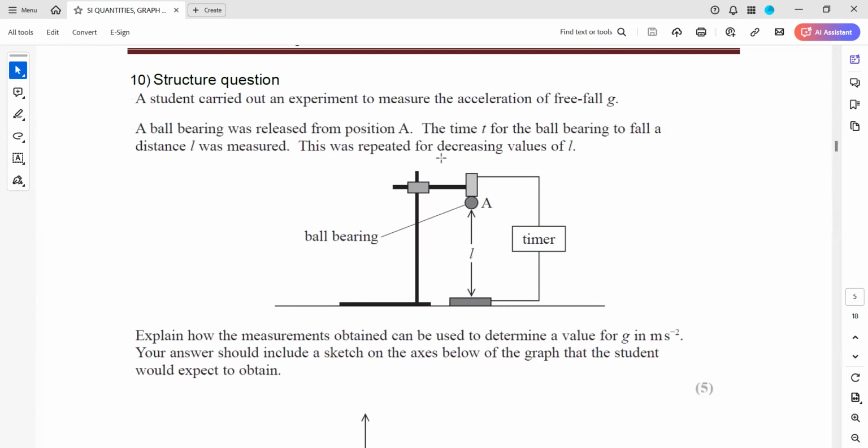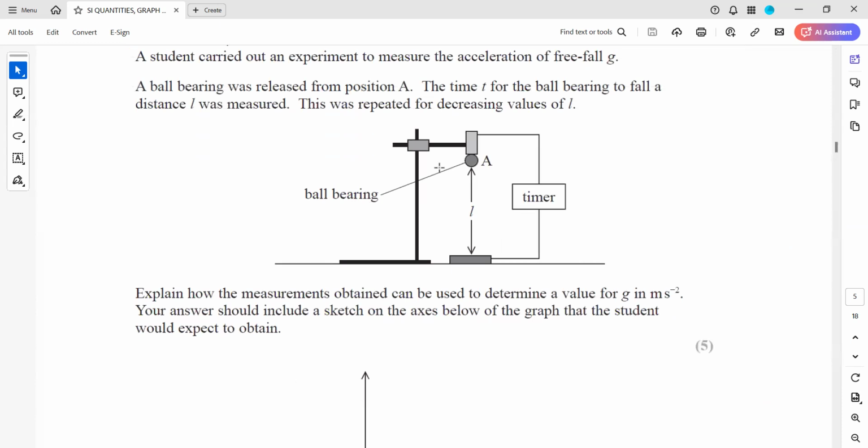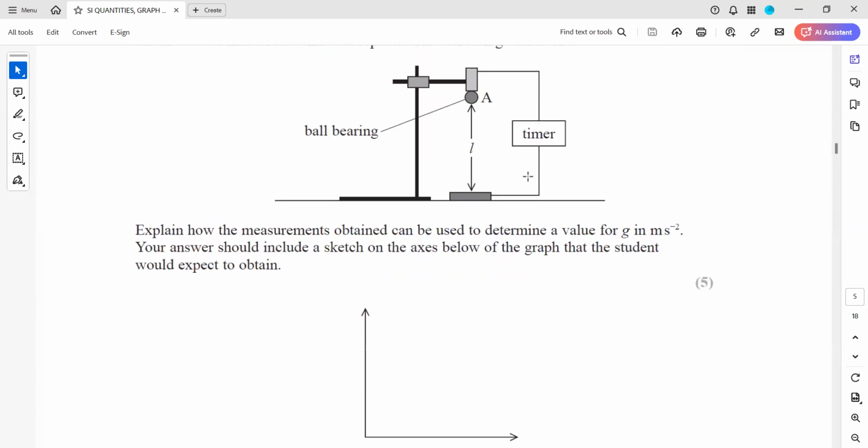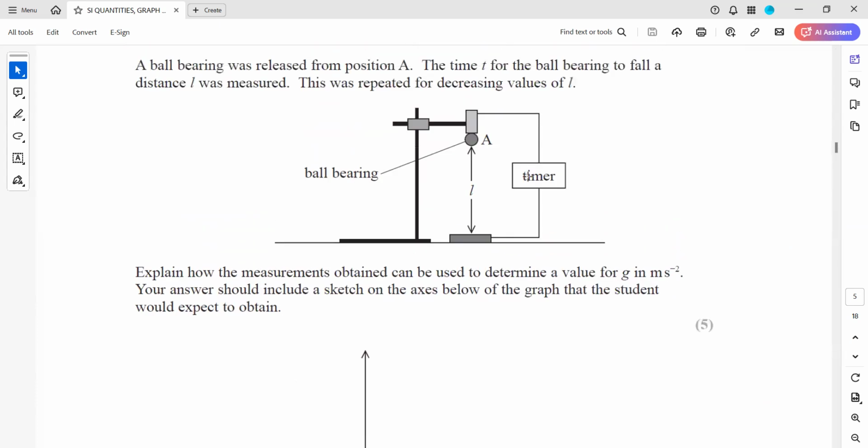A student carried out an experiment to measure the acceleration of free fall. The ball bearing was released from a position A, and the time for the ball bearing to fall a distance L is measured. This was repeated by decreasing the values for L. How can the measurements obtained be used to determine the acceleration due to gravity? Your answer should include a sketch on the axis below.